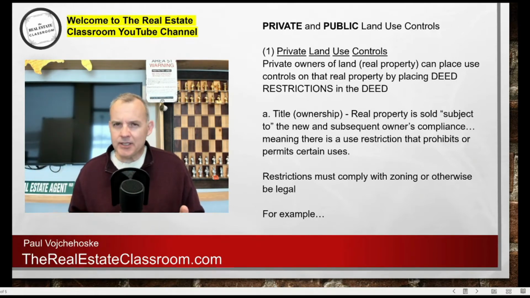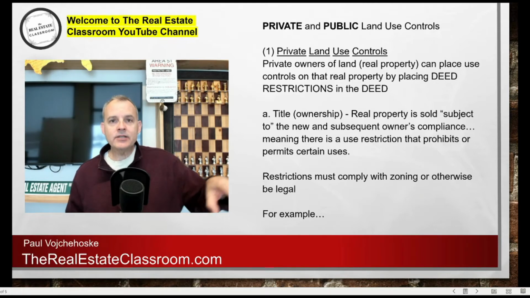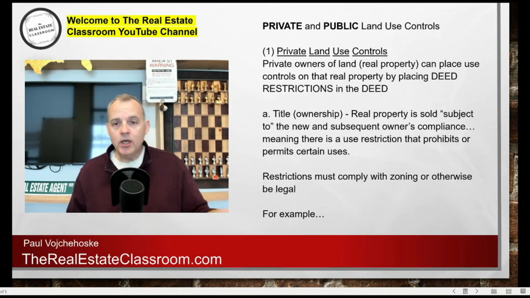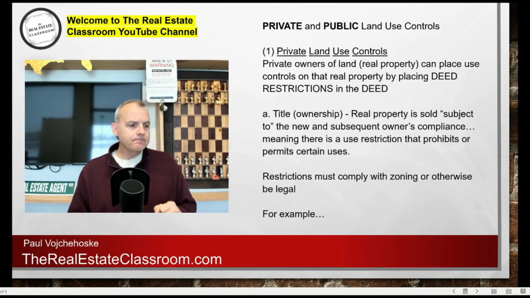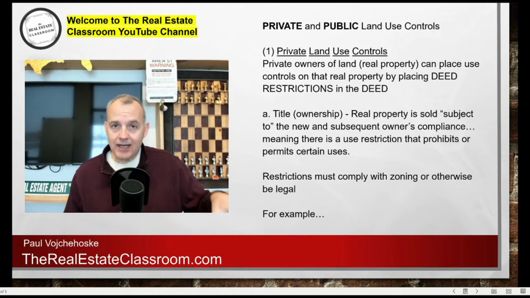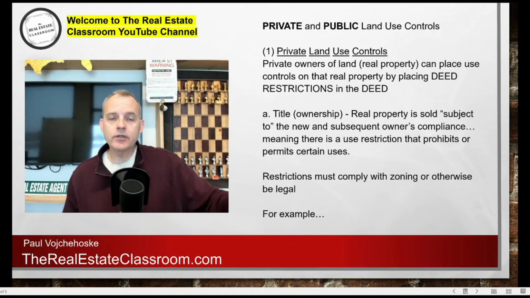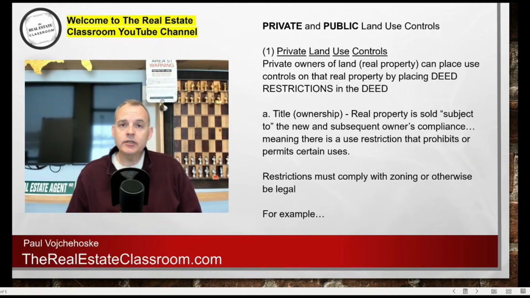Somewhere around 1920, there was an owner of this piece of property, and she was the mom, and the mom transferred title to the son with a deed restriction. The deed restriction said that if the son ever married a particular girl from a specific family, and she named the actual name of the family in that deed restriction, then the title to the property would automatically revert to the Catholic Church.